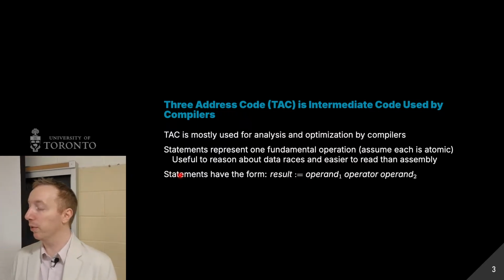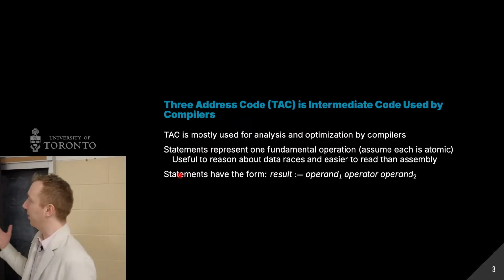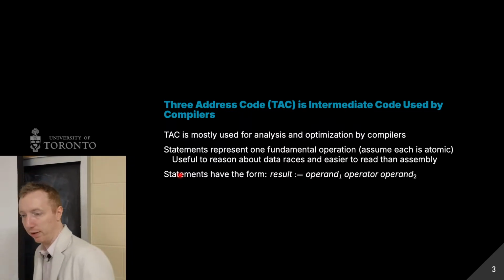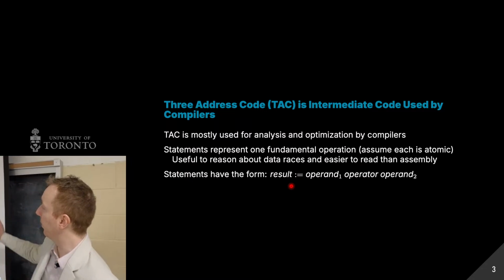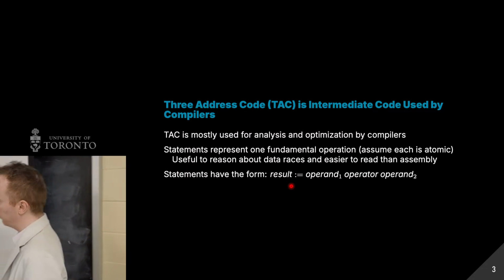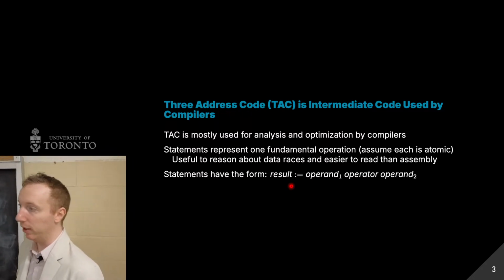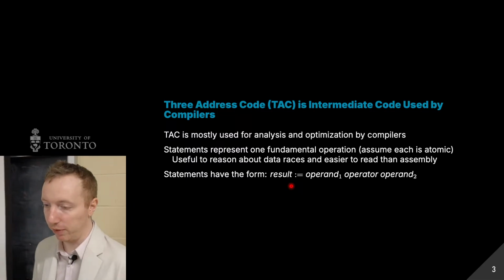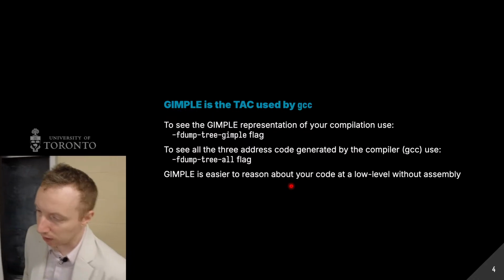It's useful to have our code represented this way because it's easier to read than assembly, and we can reason about data races and what's actually going on. This is as complicated as a single 3-address code statement gets: a result equals an operand with an operator and an operand. It could, of course, be as simple as a result equals an operand.